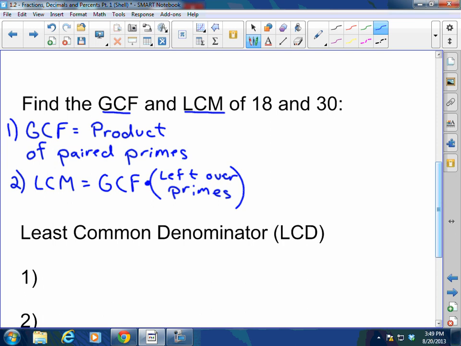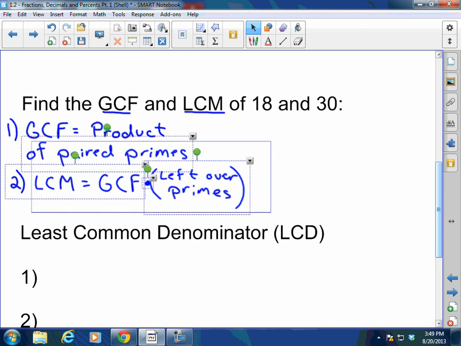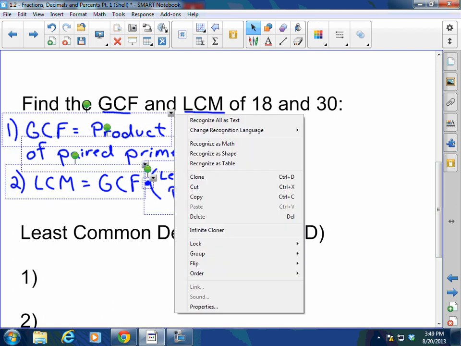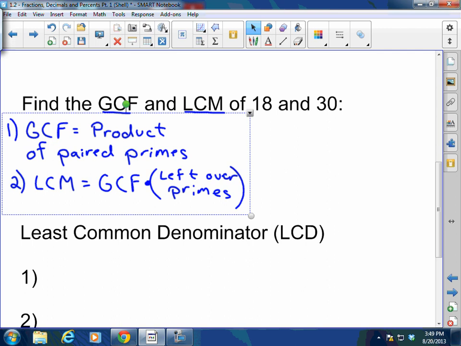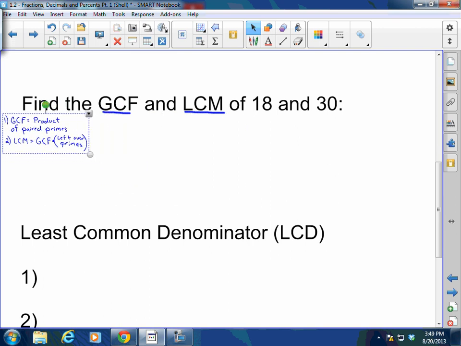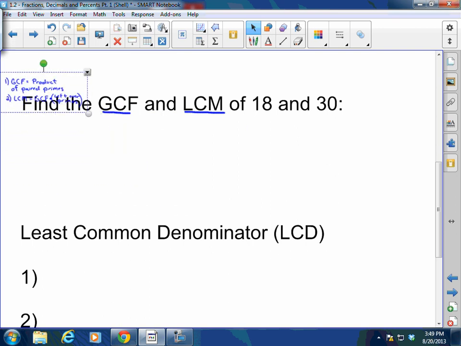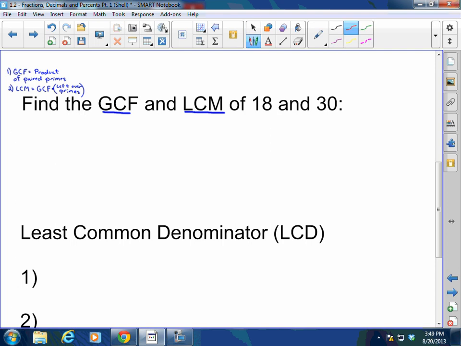Actually, let me not erase it. I'll just shrink it up a little bit. We'll have that there on the side, just to help us out. So we've got to find the GCF and LCM of 18 and 30. First things first.